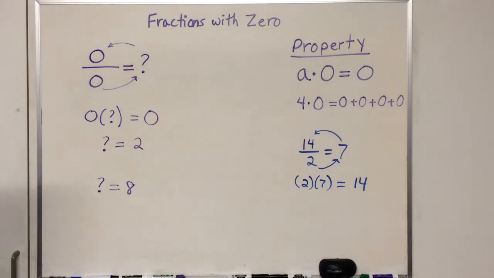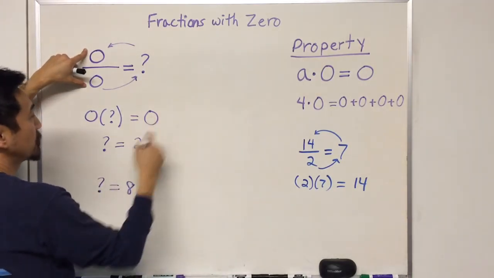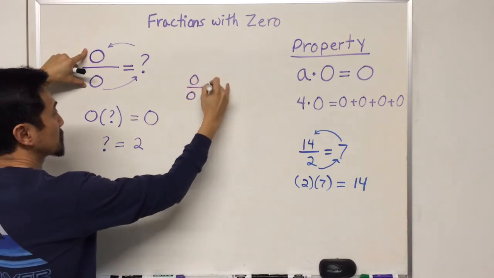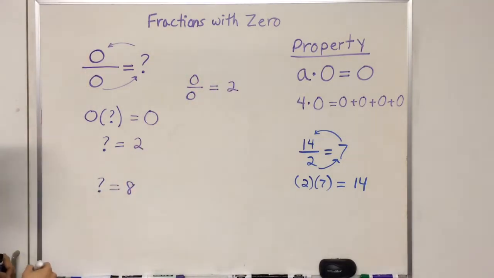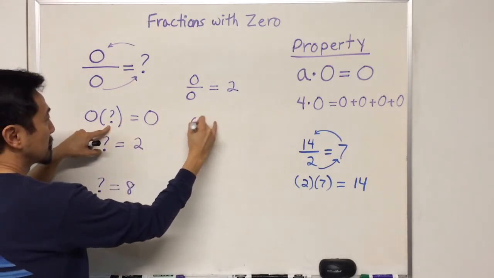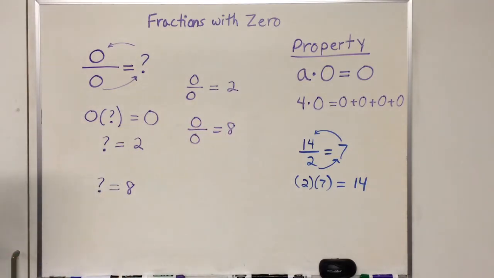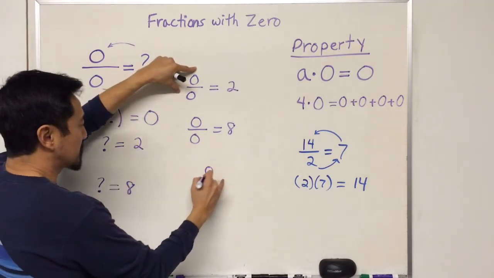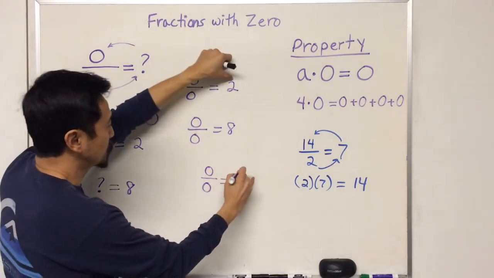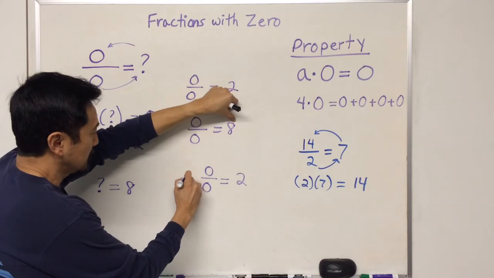Is that going to pose a problem? Well, let's see. If we were to say that the mystery number is equal to 2, then we're now saying that 0 over 0 is 2, right? But we also said that the 8 would work. So that would then mean that we're saying that 0 over 0 is 8. Does that pose a problem? That we would allow it to equal multiple numbers? Yes, it does. So if I were to take the top statement, 0 over 0, and say that that's equal to 2, but down below we said that 0 over 0 is also equal to 8, okay?